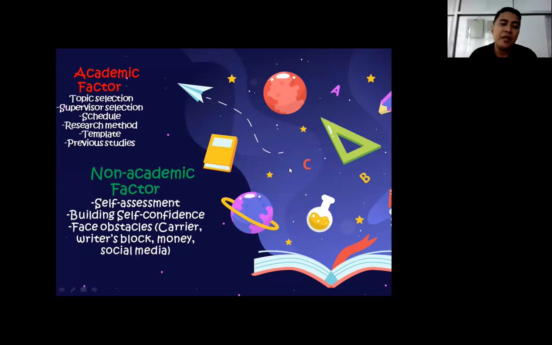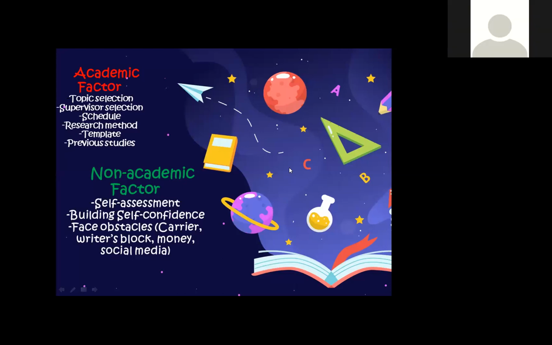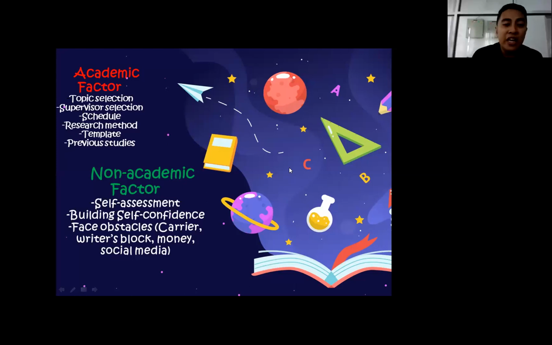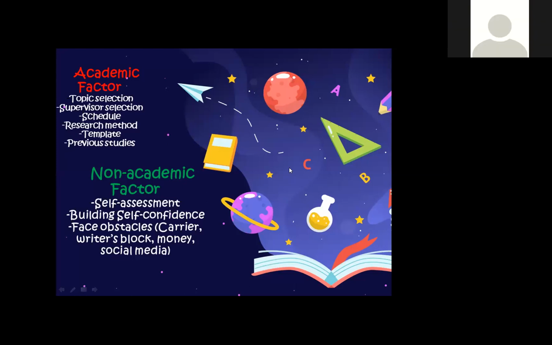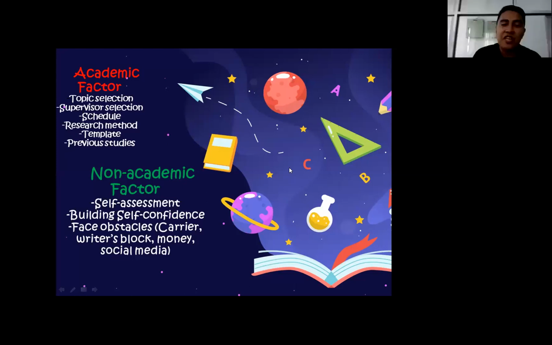The next one is building self-confidence in writing thesis or dissertation. I think building self-confidence is obtained by upgrading your skill, because everyone has different self-confidence in writing. So please upgrade your knowledge in writing and reading.